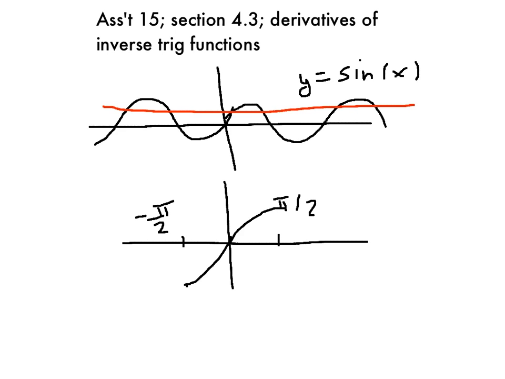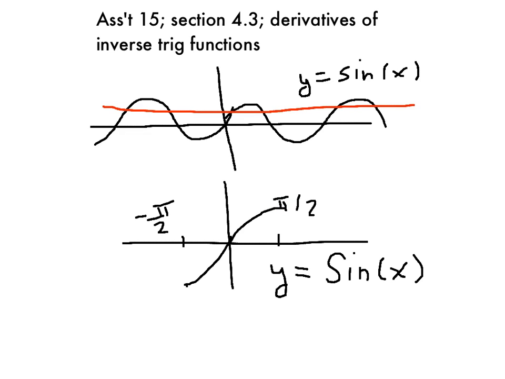That's a restriction of the graph of sine of x, and it's helpful to note that it's known as principal sine of x, and it's written with a capital S to distinguish it from regular sine of x. This function does pass the horizontal line test, so its inverse will be a function. And it's also important to note that principal sine attains all the possible values from -1 through 1.